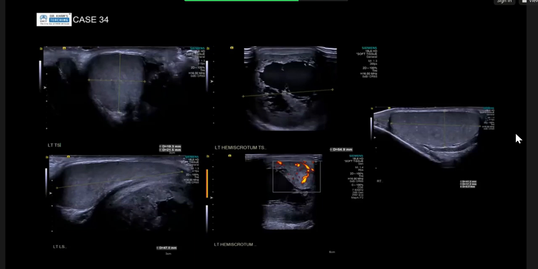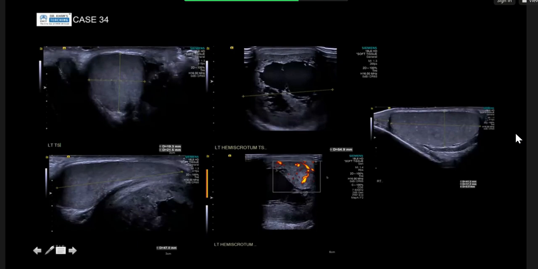Could be a hydrocele, a funicular hydrocele. So it looks quite complex for a hydrocele. So you can see, I see what you mean, that there's areas of fluid within it, but all of this region here is solid. So this is the scrotal wall here, and this is all a solid component within this abnormality.